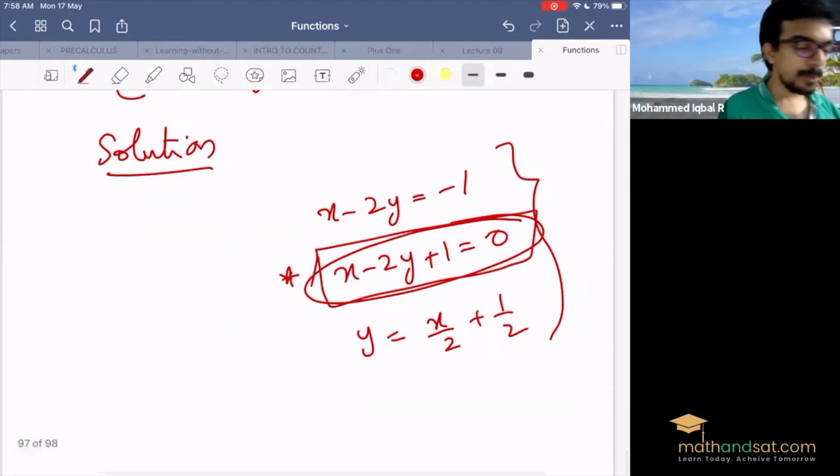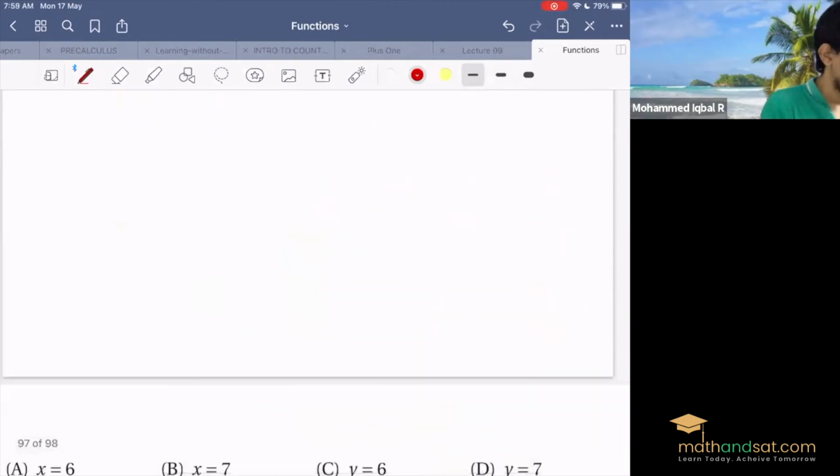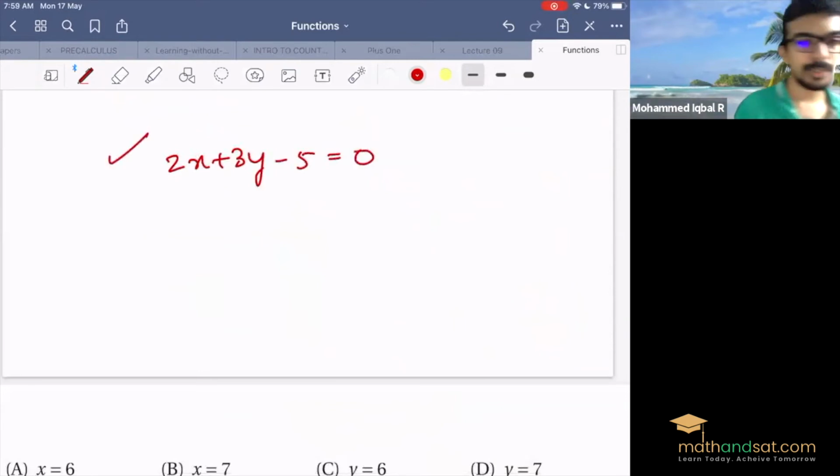Now tell me one thing. If I have a line, say for example, 2x plus 3y minus 5 is equal to 0. This is one of our lines.